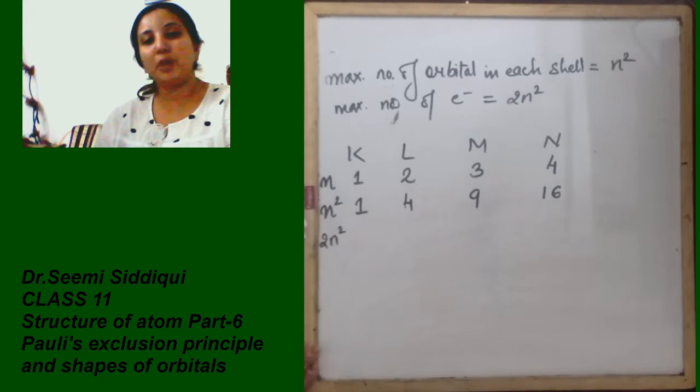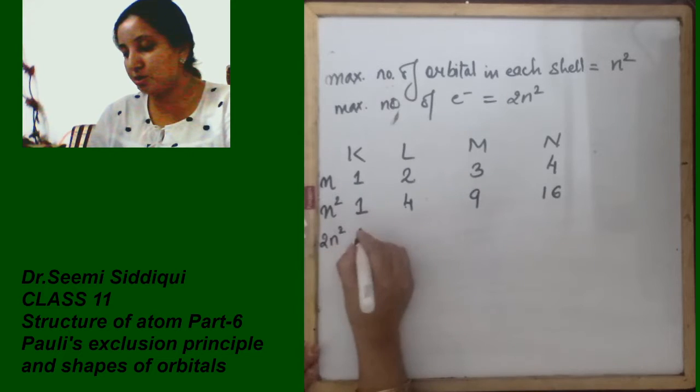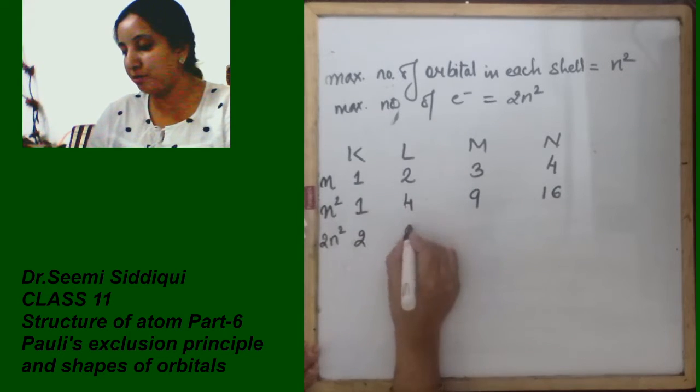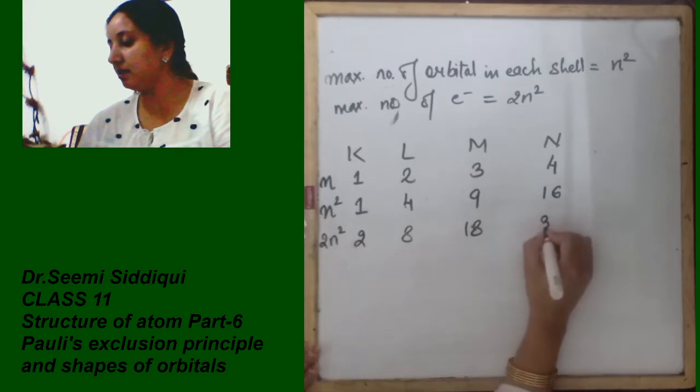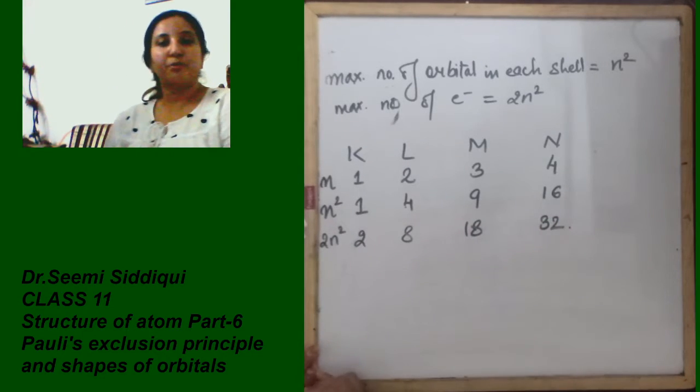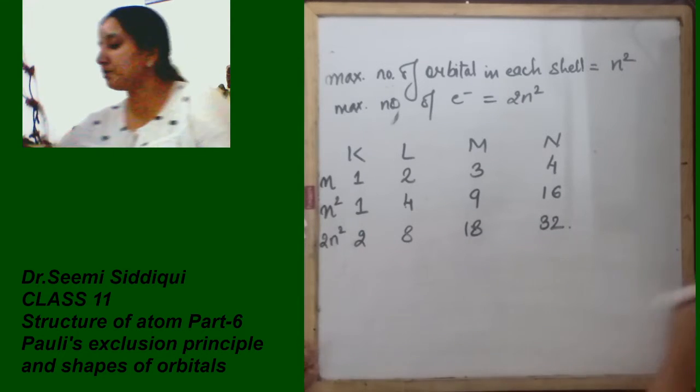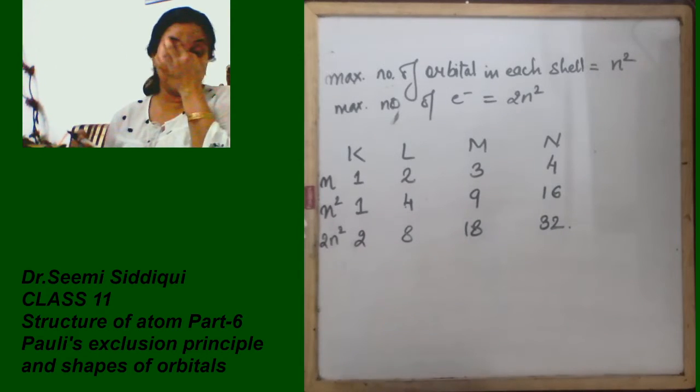Coming to the 2n square rule, 2 ones are 2, 2 fours are 8, 2 nines are 18, 2 sixteens are 32. Hope this much is clear to you.